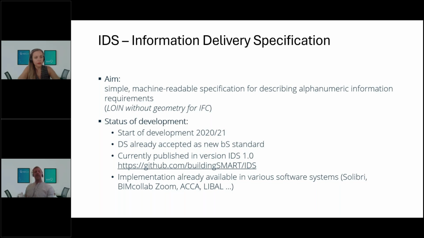Currently, IDS is published in the version IDS 1.0, and it has already arrived in the industry. There are currently connections to the Solibri model checker, BIM Collab Zoom, Akka as BIM viewer, or Libal, and many more. And what we see here is there are mainly connections to checking software systems.